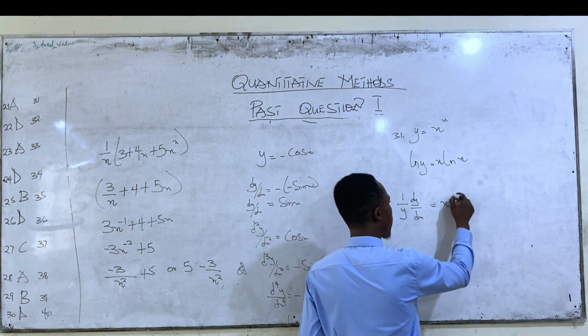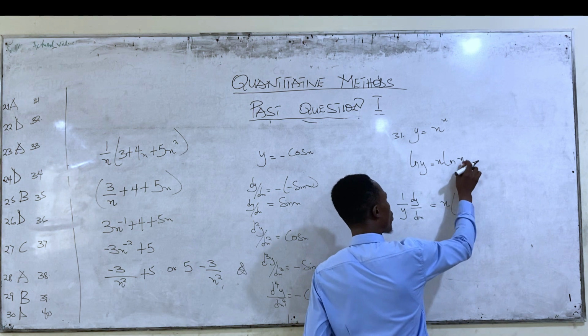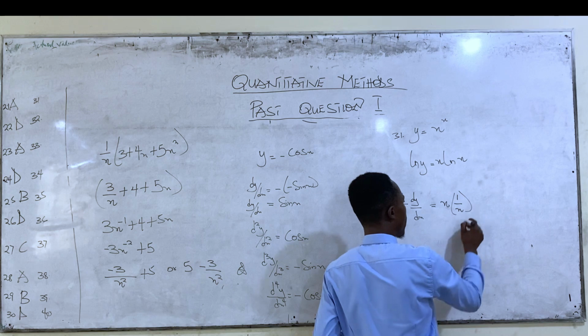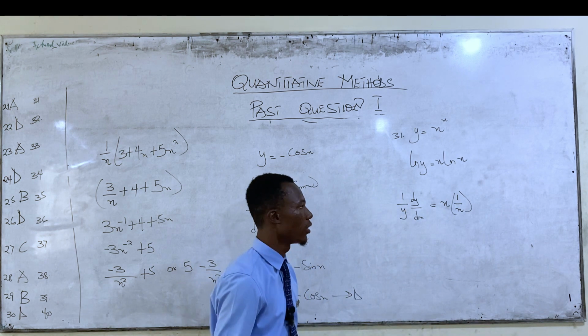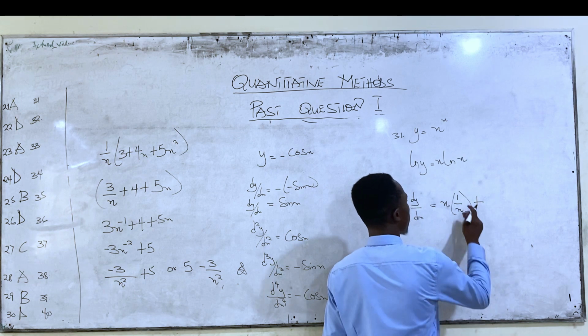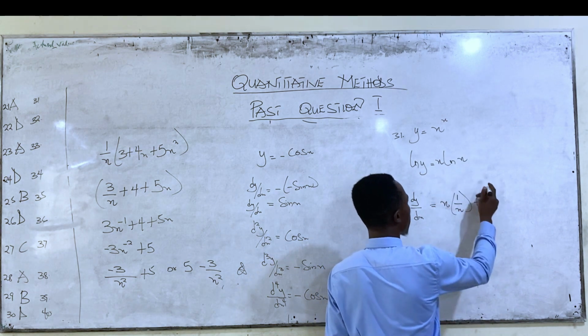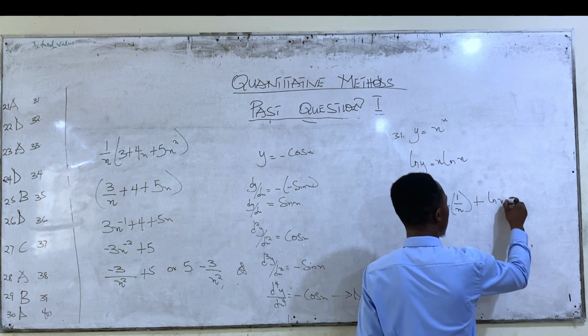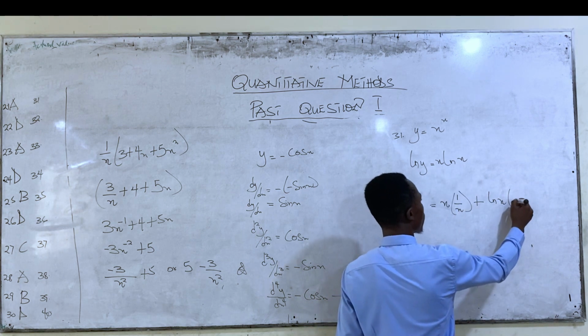When you differentiate ln x, you get 1 over x. That is how we differentiate logarithm. So we are done with the first part. We say plus, then we hold ln x constant and differentiate x to get 1.